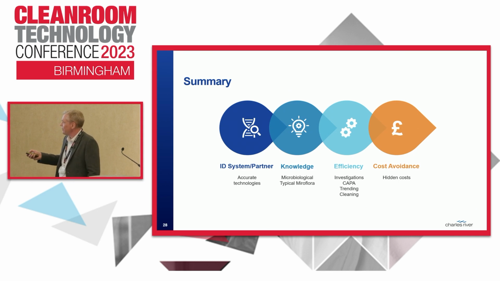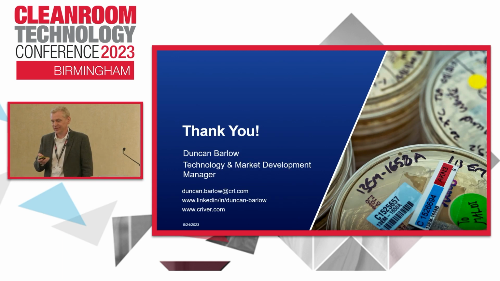Ultimately, when you have improved efficiencies, less investigations, more streamlined investigations, when you have CAPAs that work, it leads to cost avoidance. Investment in a good ID program can help save money in the long run by avoiding these hidden costs that you can get from a wrong ID. It seems like such a trivial thing that ID is wrong, but it can lead to all sorts of problems further down the line. So with that, thank you very much for your attention. If anyone has any questions, I'll be happy to take those.